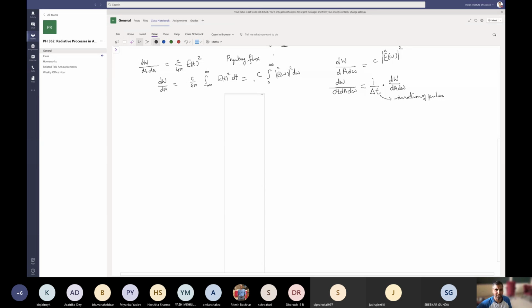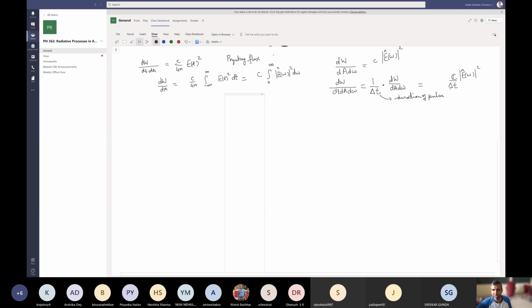Right, from this expression, if you just divide by delta t, this is equal to c by delta t, E hat omega squared.